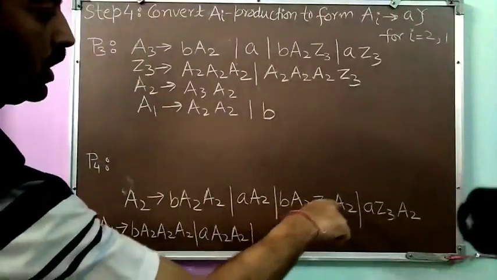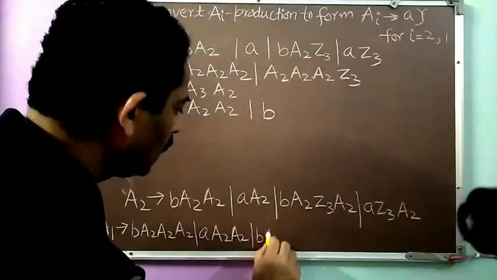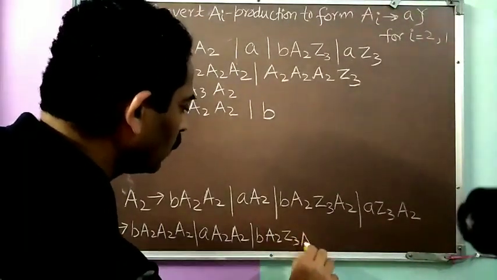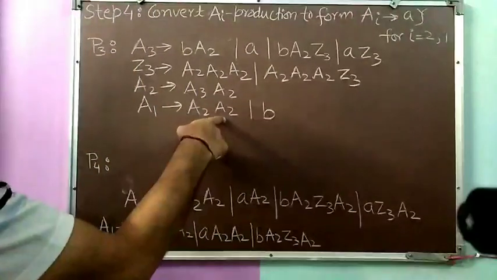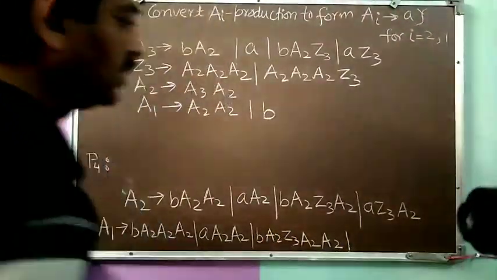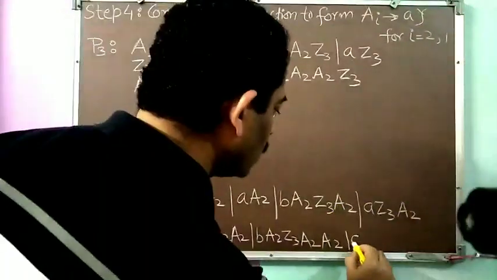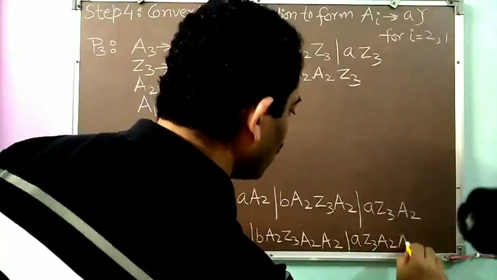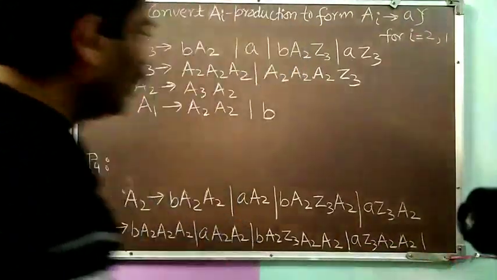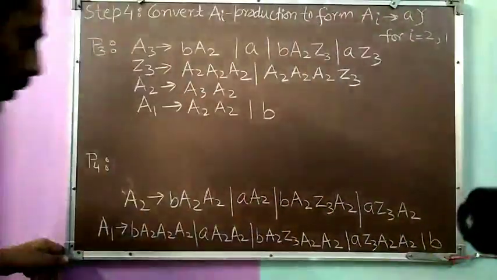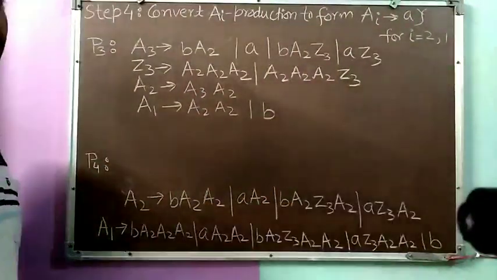Then BA2Z3A2, BA2Z3 and A2, and after that we have to put an A2. Then similarly AZ3A2, AZ3A2 and after that we have to put an A2, and only this production stays, because it is already in the required form. So these all will be the A1 productions.